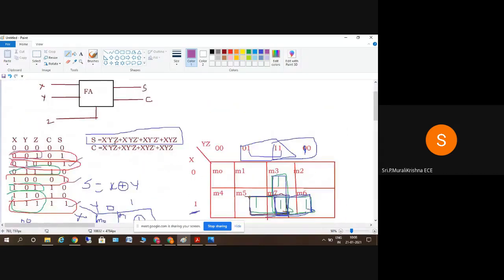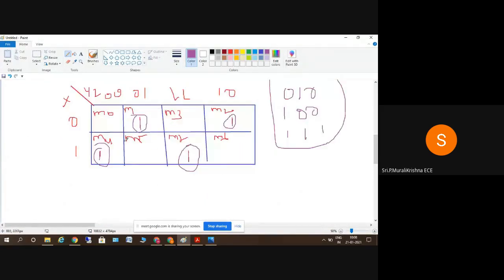even if I simplify, I get the same thing. I can get this equation as x exclusive OR of y exclusive OR of z, because this is the function from the K-map. I can simply write S equals x exclusive OR y exclusive OR z.